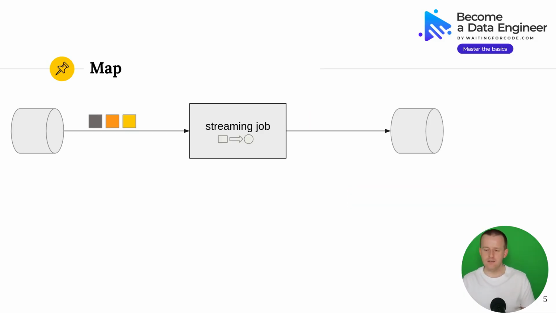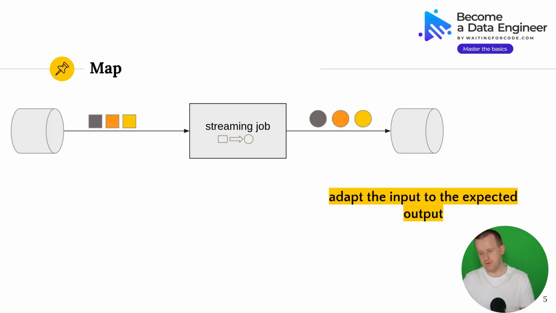The second one is mapping. We take one data item and transform it into a different format, or maybe add some extra information to the existing one. Here I'm doing this with the circles, and the purpose is to adapt the input to the expected output.